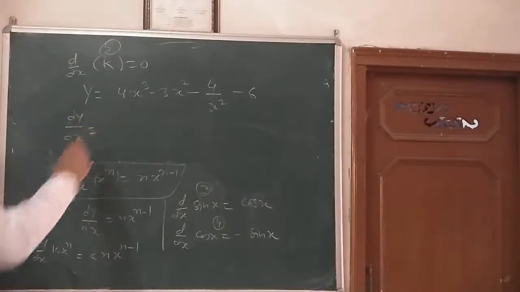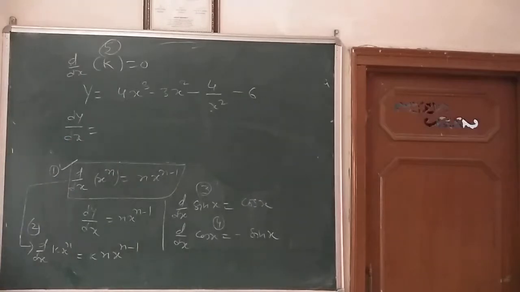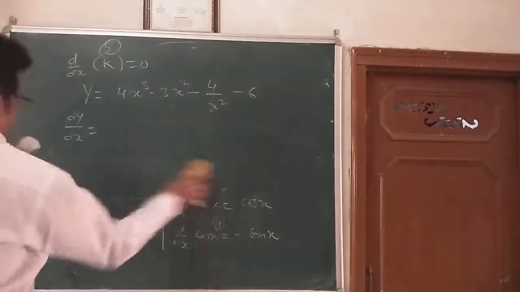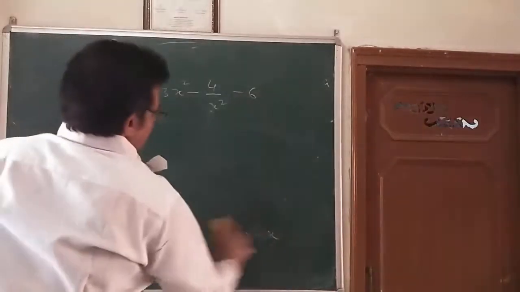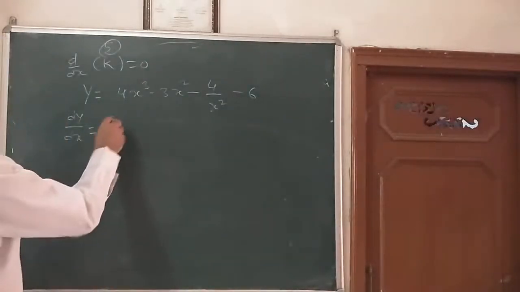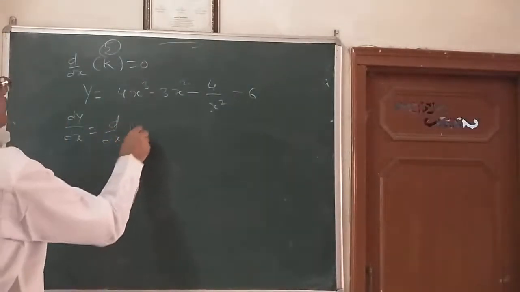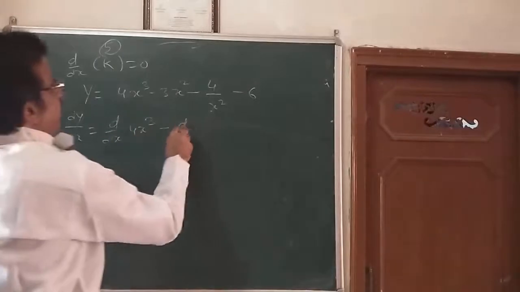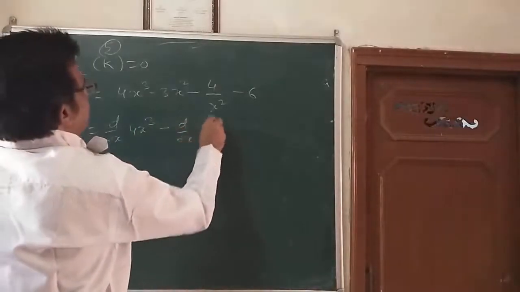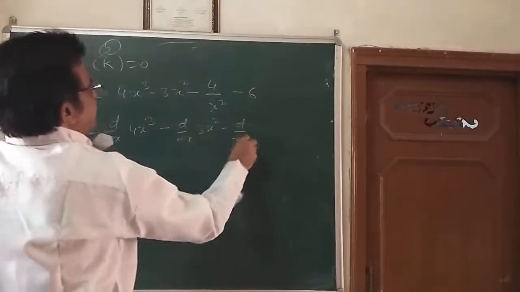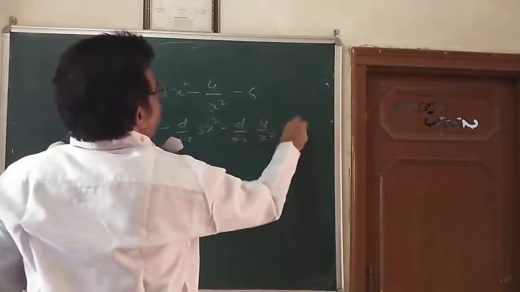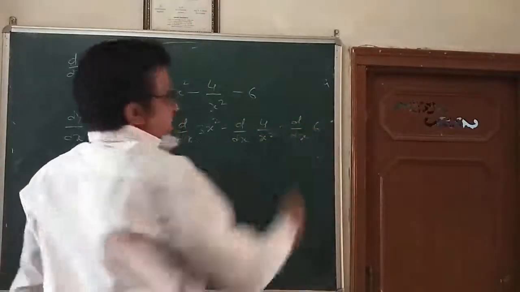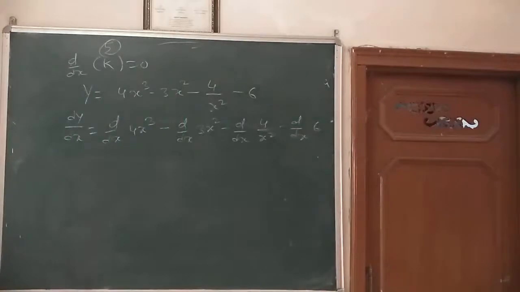See how I can solve it. dy dx of 4x cube minus dy dx of 3x square minus dy dx of 4 by x square minus dy dx of 6, differentiation with respect to x.